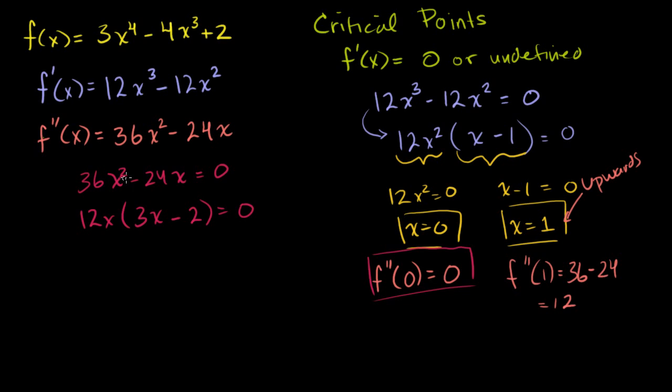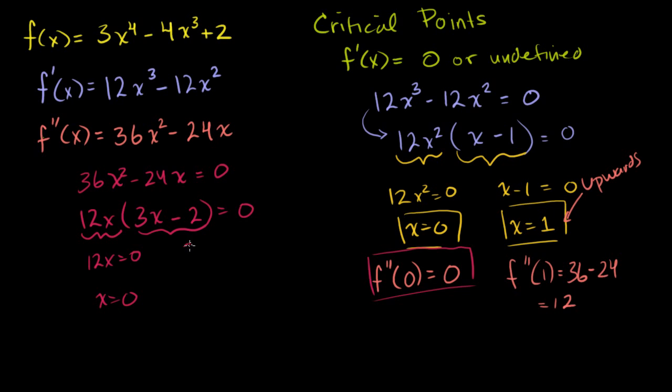If you multiply this out, you'll get the expression up here. So this is going to be equal to 0 if 12x is equal to 0. That gives us x is equal to 0. So at x equals 0, the second derivative is 0 there, and we already knew that because we tested that number out. Or this other expression: if it was 0, then the entire second derivative would also be 0.